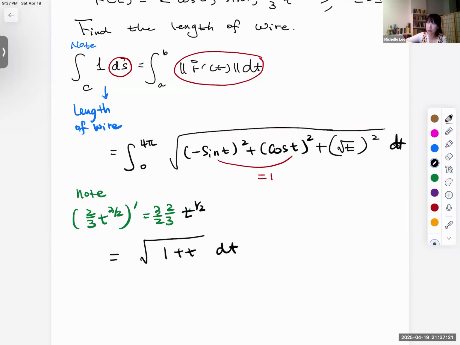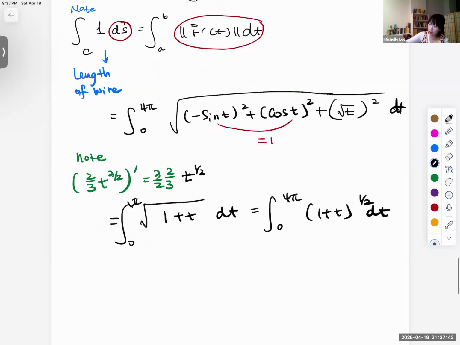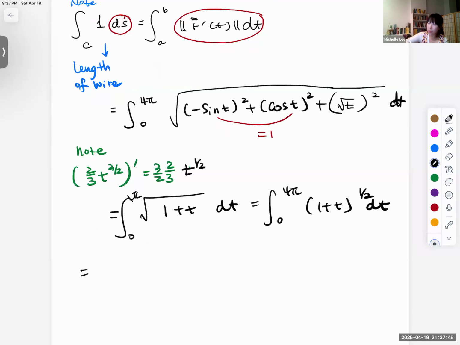Okay, we want to integrate. So that will be from 0 to 4 pi, that is 1 plus t to the 1/2 dt. Then integrate, so add 2 over 2, so 3 over 2, 2/3 times 1 plus t to the 3 over 2, right?